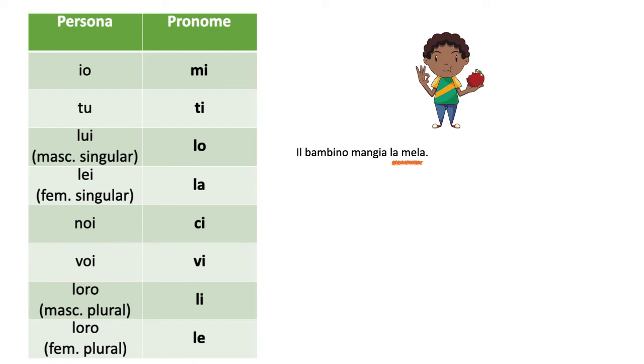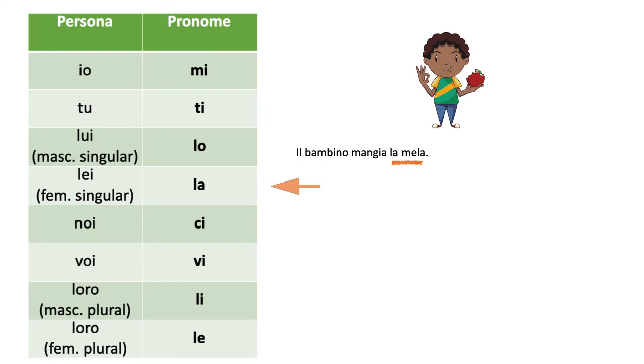So this means that la mela is one feminine thing. Now look at the table. There is a row that says feminine singular, right? It's right here. That means that this is the pronoun we would use to replace la mela. Right?